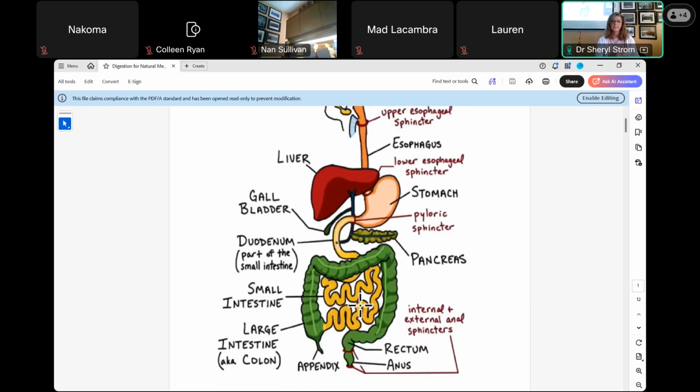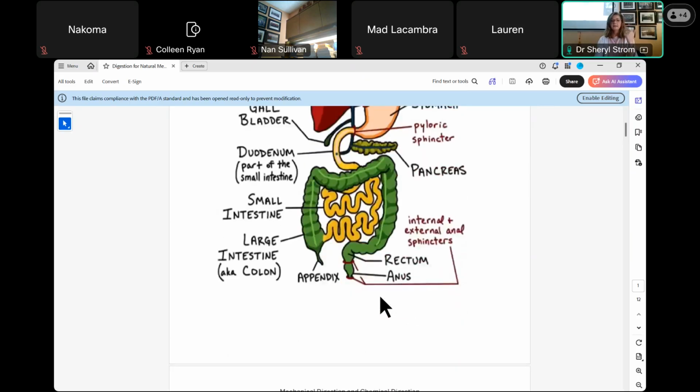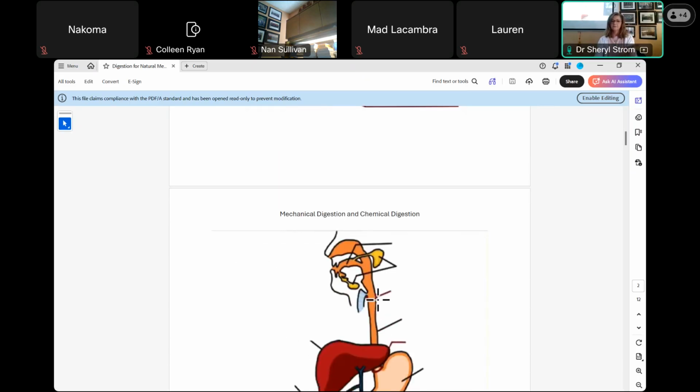Okay. And then, of course, disseminate out into the bloodstream. So with all of these words, memorize them, memorize their location, and then input them right here.